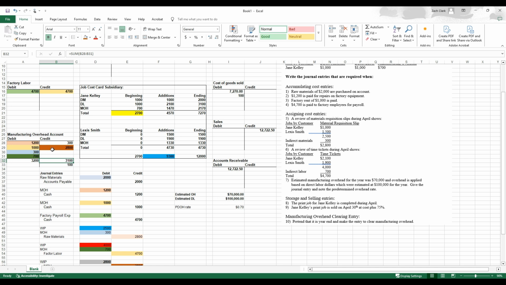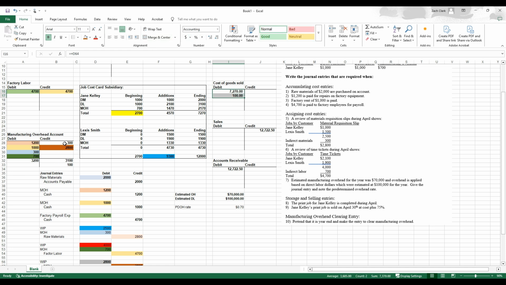We estimated we'd spend this amount. That's what we applied. But when all things were said and done at the end of the year, the month or whatever, we spent a little bit more than we expected, which is kind of a bad thing. So we need to close this account out, and we're going to increase our cost of goods sold for the difference to eat a little bit of these extra costs, and increase our expenses a little bit.